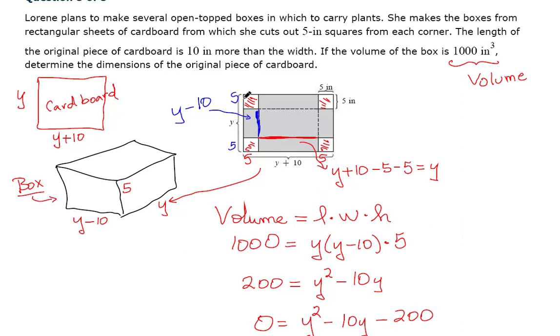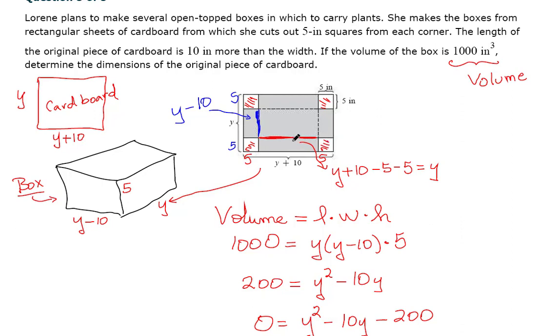The width, if the original was y, and I chop 5 out of each side, then the little piece in blue here now is y minus 10. And the height is 5 because that was the square we chopped out of the corner. So again, I know this is confusing. Our original cardboard with its relationship, we chop 5 by 5s out of the corners.